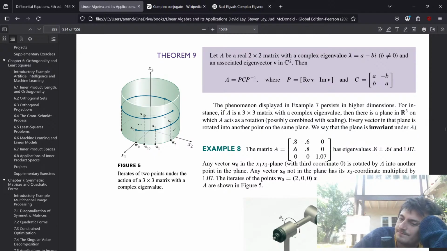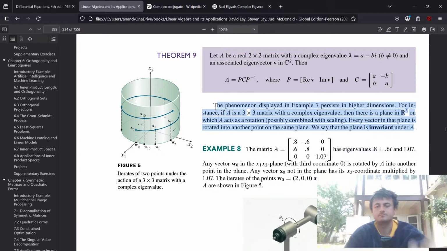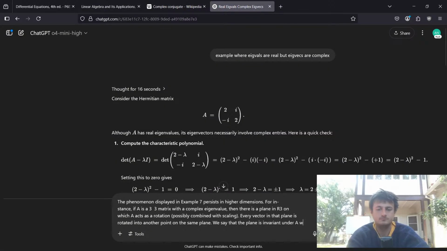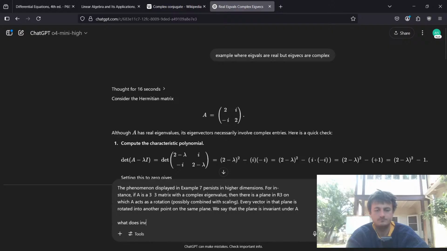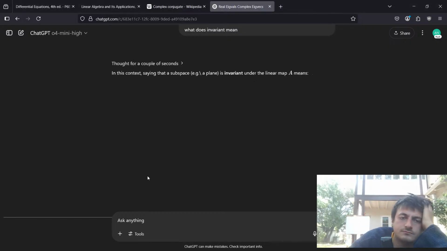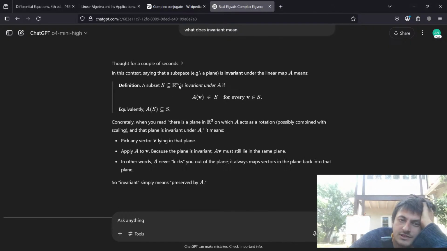What does that mean? In this context, saying that a subspace is invariant under the linear map A means... Okay, here's the definition. A subset S in Rn is invariant under A... Wait, what?